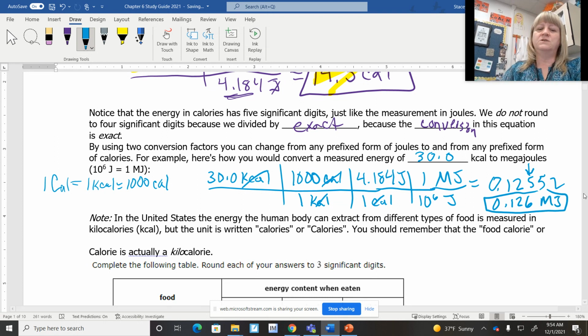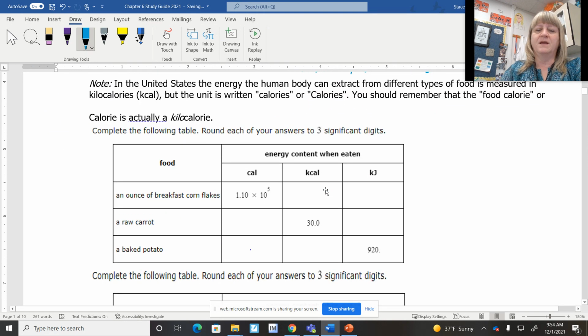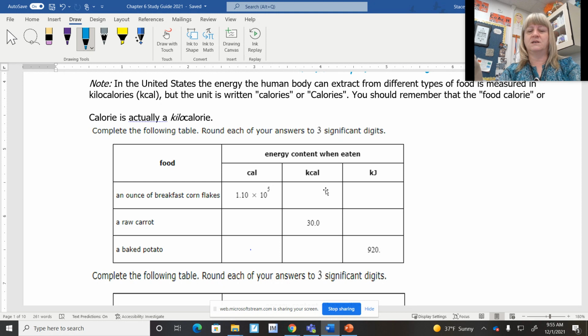Okay, so when you get to your problems, this is what they're going to look like. They're just going to give you a table, and you've got to do the calculation. So that's why I left some room on the side here. So to go from calories to kilocalories, all we have to do is take 1.10 times 10 to the 5th calories, and there's not enough room, so I'm going to do it on the bottom here.